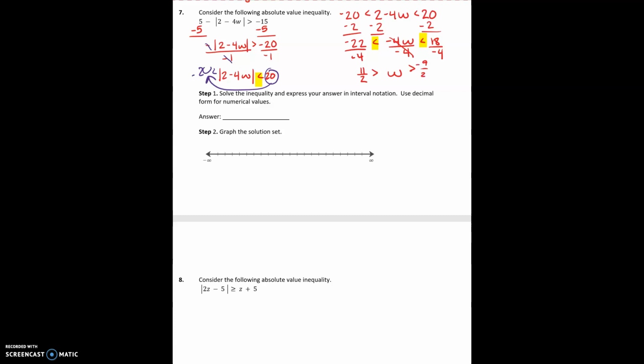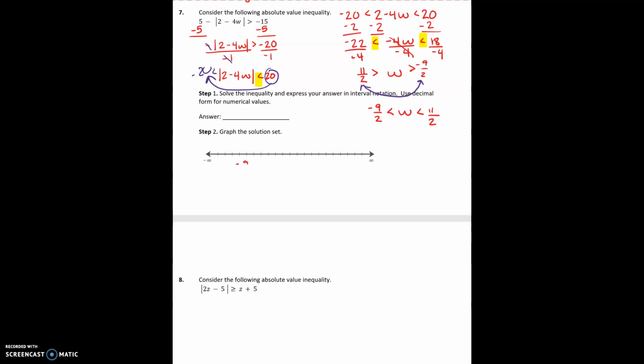Okay, so there we have it. I'm noticing my negative number is on the right, so I'm going to take this and flip it around. So negative 9 over 2. When I do this, I need to flip my signs also. Less than w, less than 11 over 2. I'm going to write it like that.